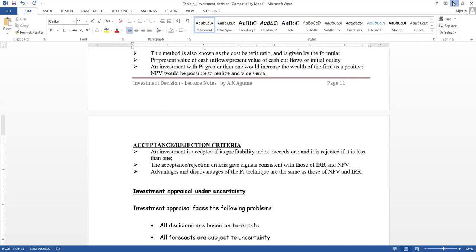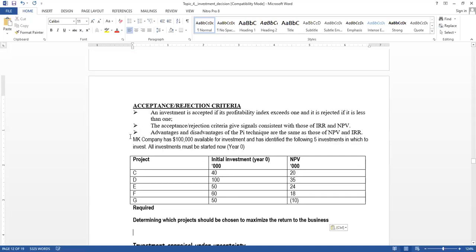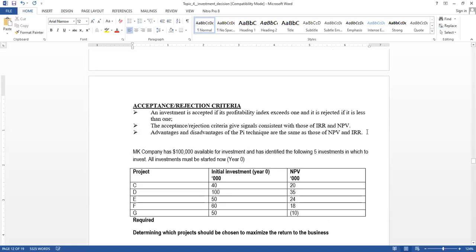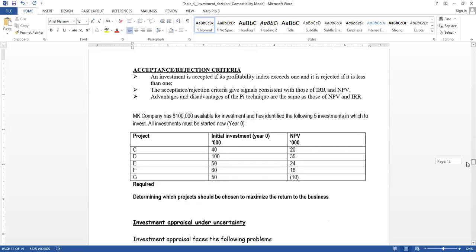Okay, now this is the example which I'm putting. They are saying that MK company has 100,000 available for investment, and it has identified the following 5 investments in which to invest.